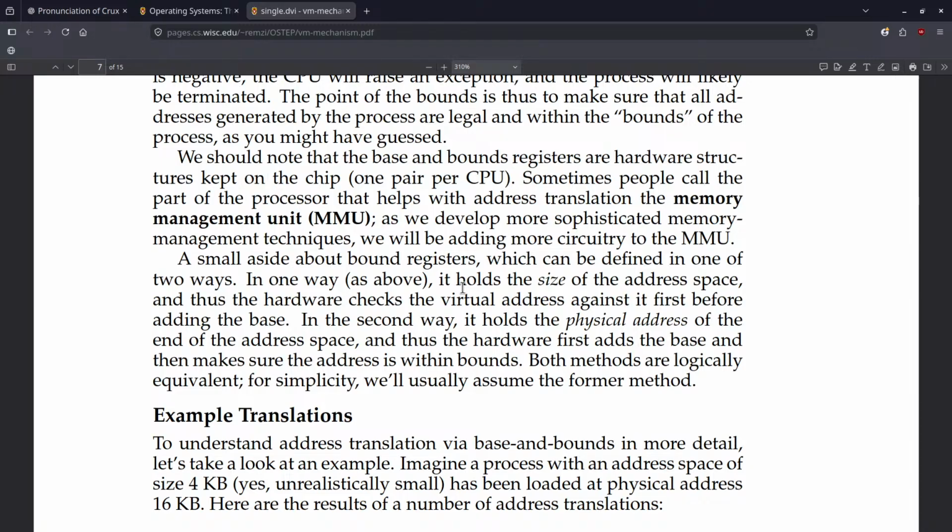A small aside about bound registers, which can be defined in one of two ways. In one way, as above, it holds the size of the address space, and thus the hardware checks the virtual address against it first before adding the base.